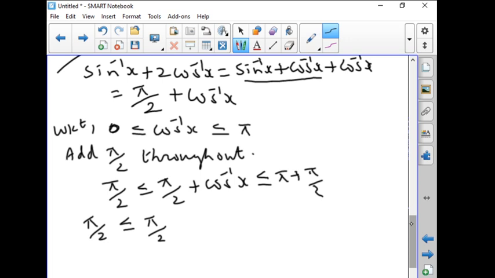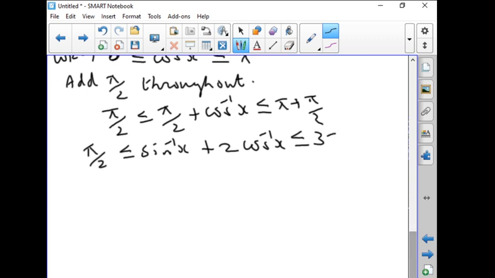Therefore pi by 2 plus cos inverse of x can be written as sine inverse of x plus 2 cos inverse of x, and that is less than or equal to pi plus pi by 2, which is 3 pi by 2. So hence we have proved.